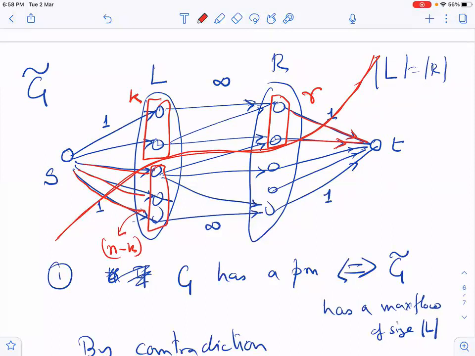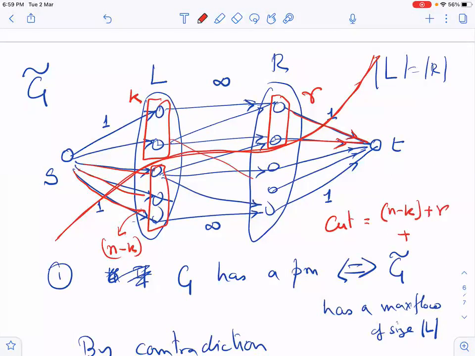So I have K elements over here, r elements here, and the cut is of size how much? The cut is therefore this set of elements, which is L minus K plus r, right? Plus something that cuts here.